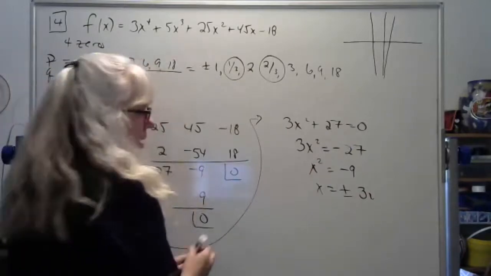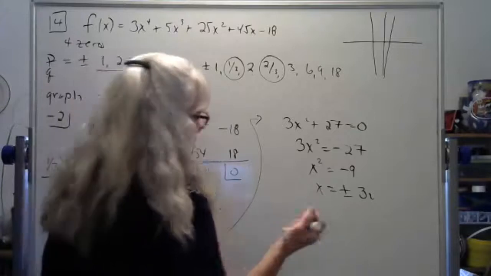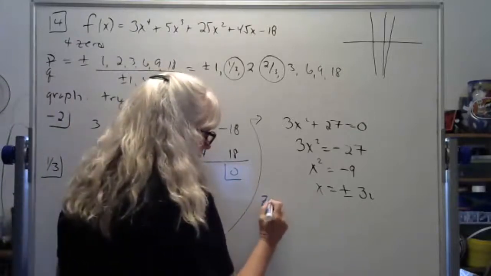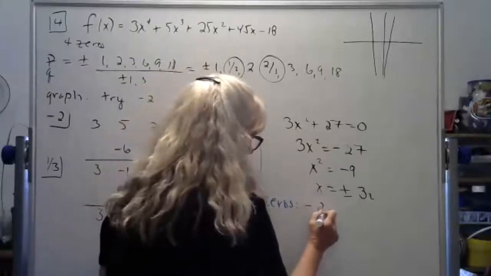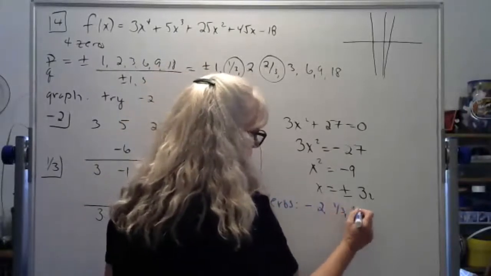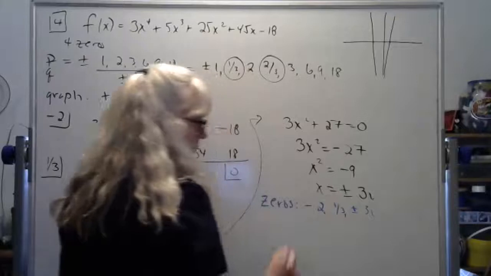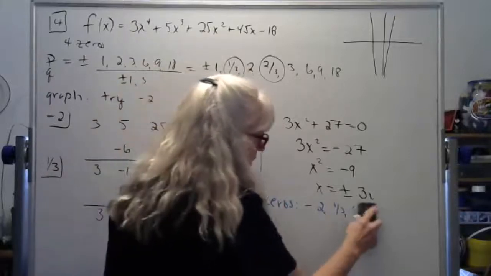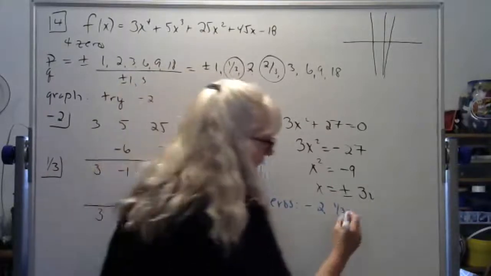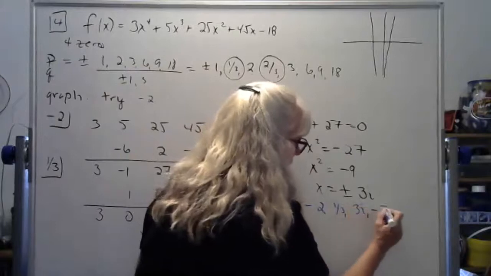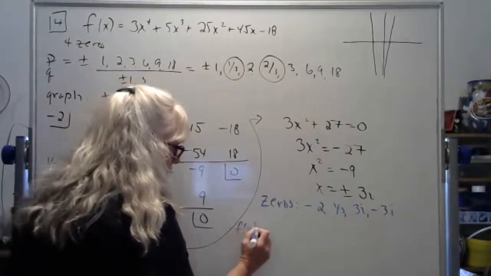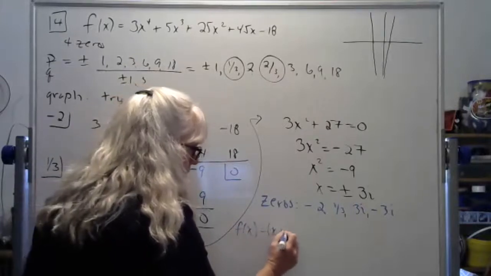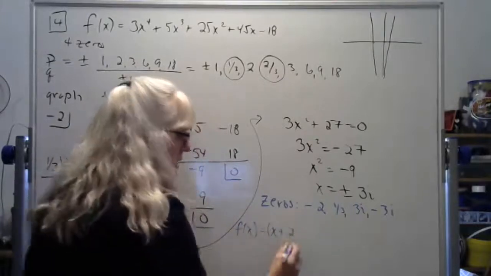So we're done with the problem. We just now need to write all the answers out that they want. So the zeros are the -2, the 1/3, and the plus or minus 3i. I'm actually going to write those separately because it's easier to go into the factors when you do that. So 3i and -3i. So then in factored form, f of x is going to be equal to x plus 2 from that -2.